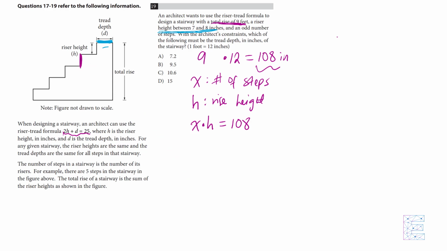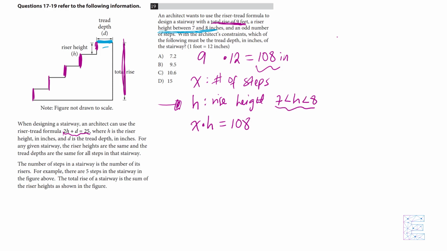If you have this and you multiply it by however many steps you have, that gives you the total rise. So that's why we're doing x times h to get the total rise of 108. And since we're told that the rise height right here has to be between 7 and 8, we can actually come up with this and say, you know what, height has to be bigger than 7 but less than 8.